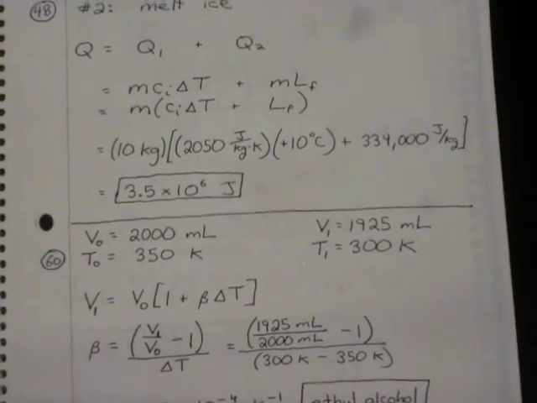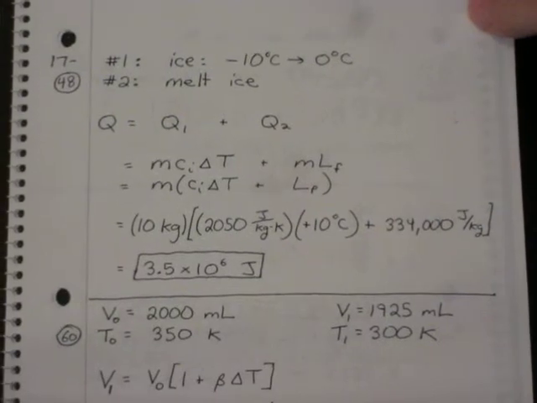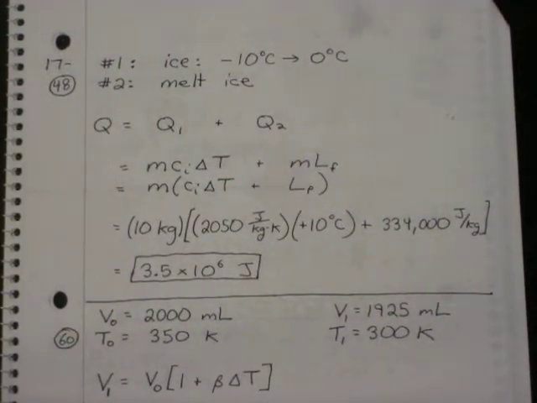Number 48. How much energy does it take to melt 10 kilograms of ice initially at negative 10 degrees Celsius? We have to break a problem like this into chronological stages.